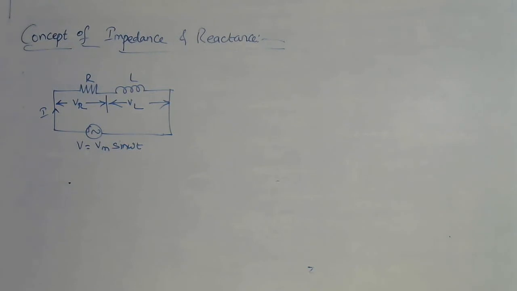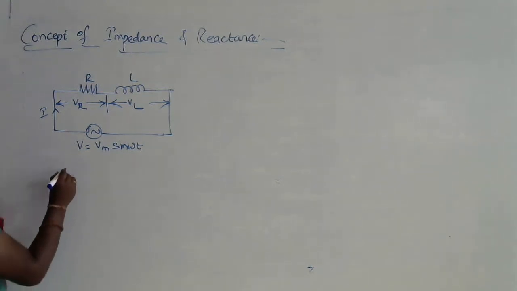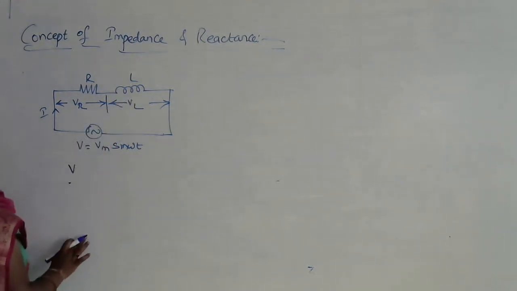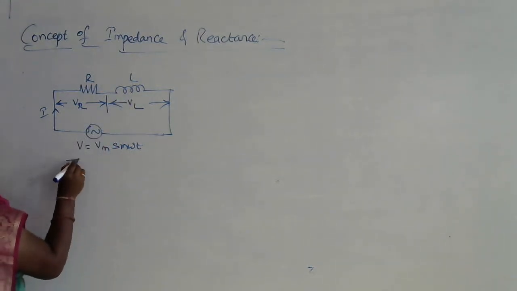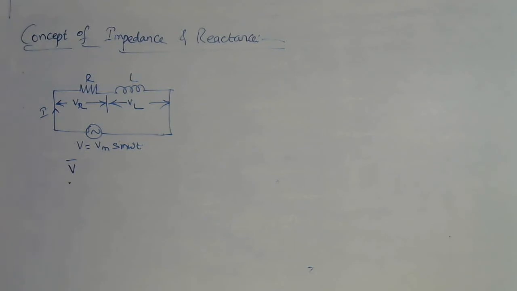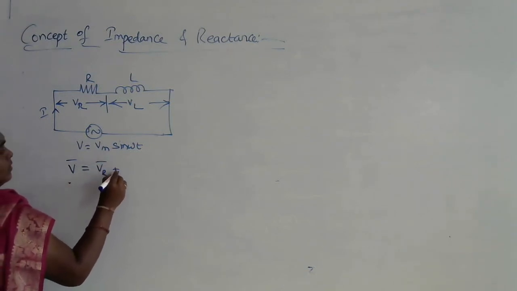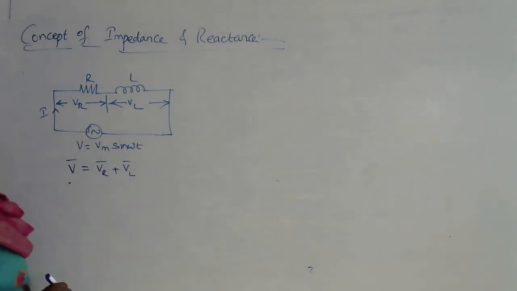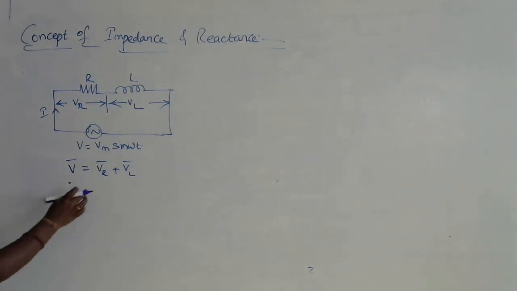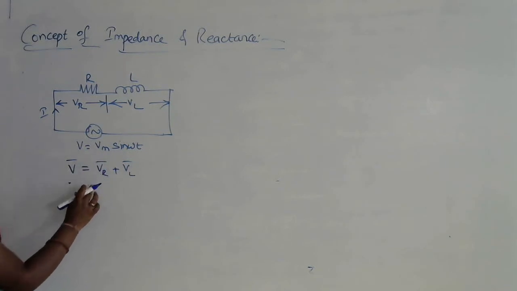So we can write down the total voltage, representing it in terms of a vector quantity, as V is equivalent to VR plus VL, that is the voltage drop across the resistance as well as the inductance.